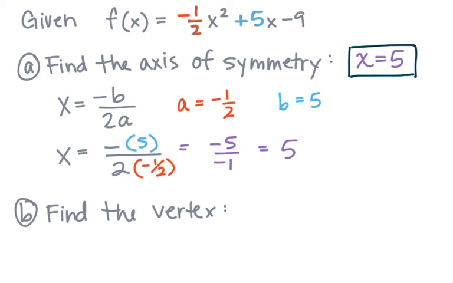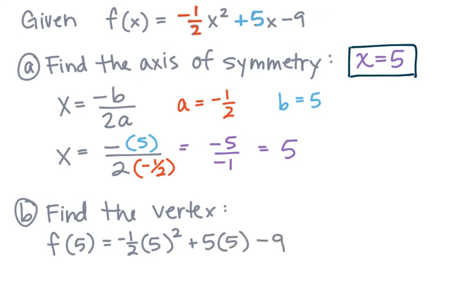So my axis of symmetry is x equals 5. Part B of this problem, we're going to find the vertex. Now, the vertex is the max or min, the high or low point, which is passing through that axis of symmetry. So we know the x value. The vertex is a point on the graph, or an ordered pair. In order to find the output y, I'm going to plug the 5 into the function. So f of 5 is negative 1/2 times 5 squared plus 5 times 5 minus 9.